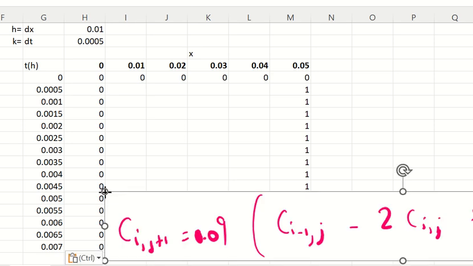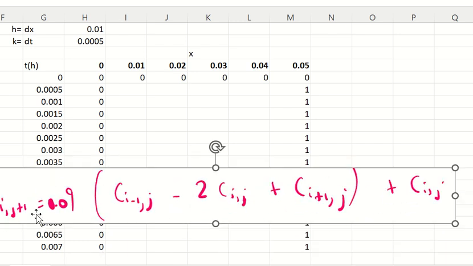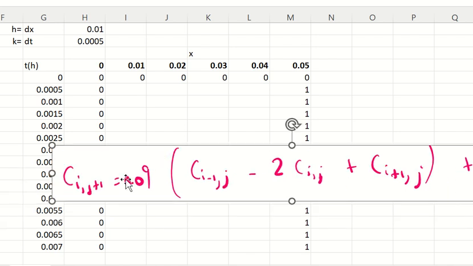So this is our formula, saying that to find the Ci,j+1, you need to multiply 0.09 by Ci-1,j and so on. Let me explain this. To find the Ci,j+1, that is where you are currently that you want to calculate. Now, to find the value there, you need to multiply 0.09 by all of this.